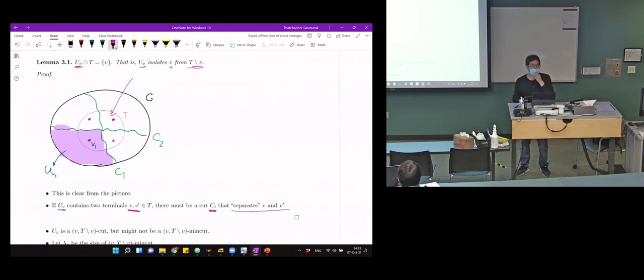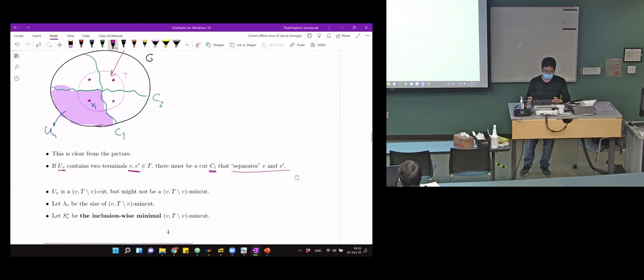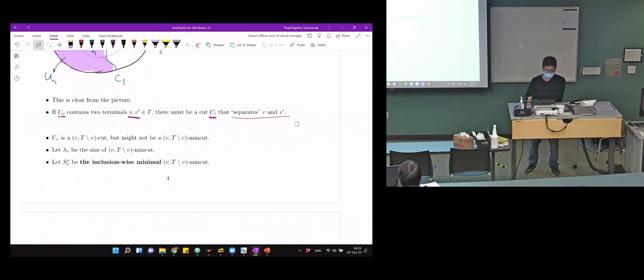So that cannot happen. So UV contains exactly V. So at least UV is a V, T minus V cut. It's an isolating cut. But it might not be a minimum one.